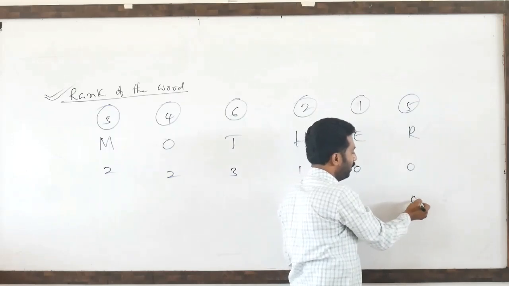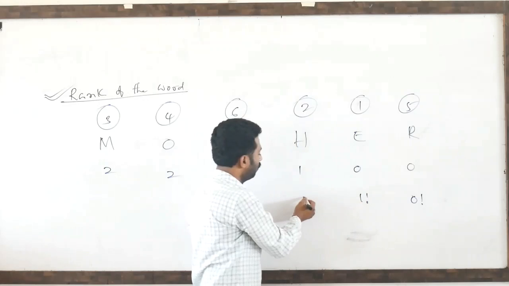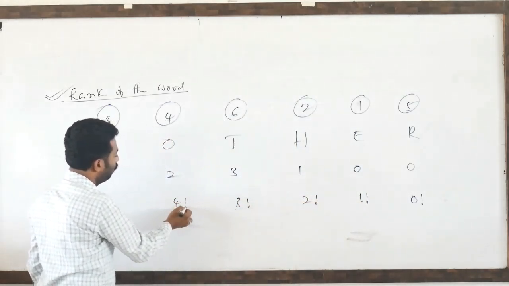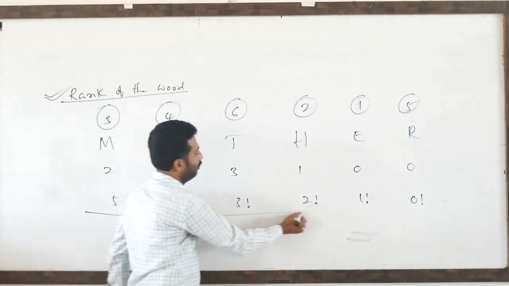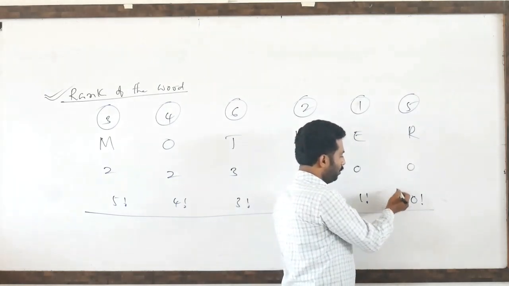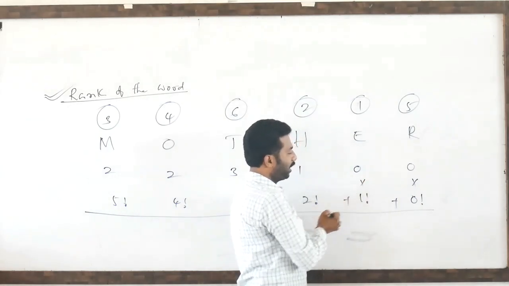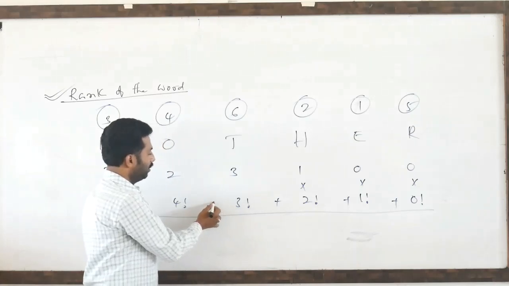Next, what is the next step? Start from the right side: 0 factorial, 1 factorial, 2 factorial, 3 factorial, 4 factorial, this is 5 factorial. Then we have to multiply and add these numbers: multiplication, addition, multiplication, addition.